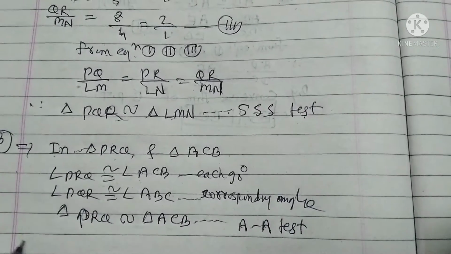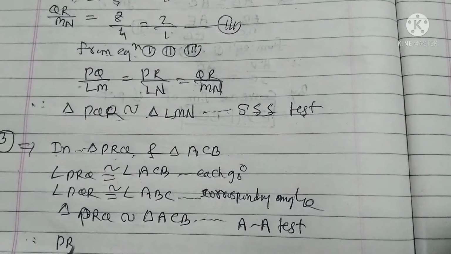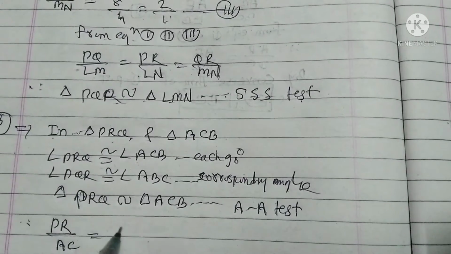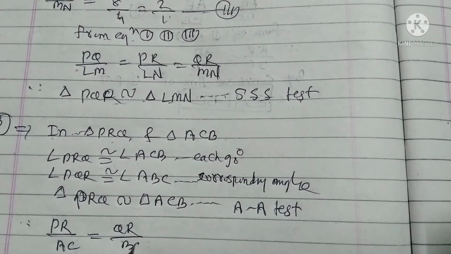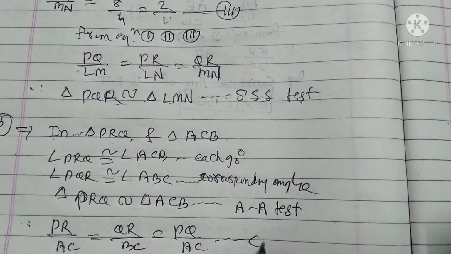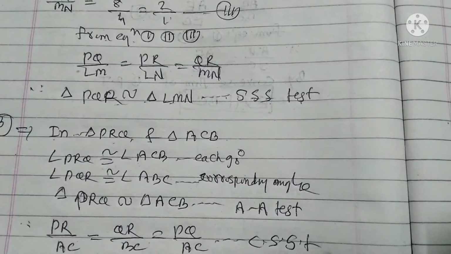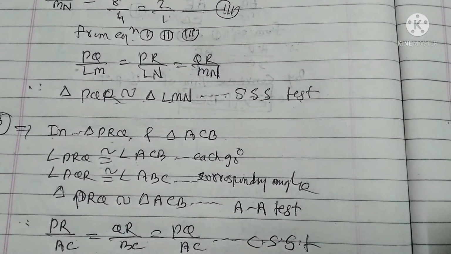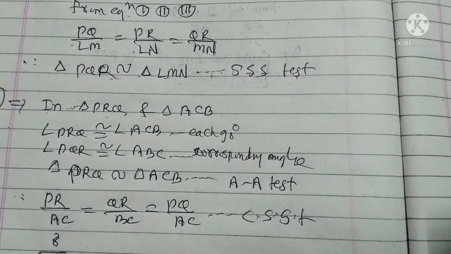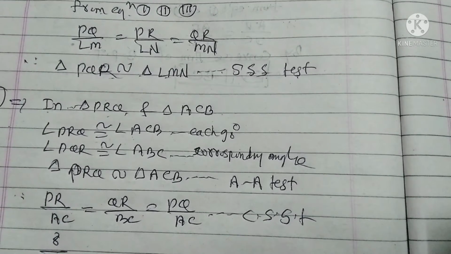So the two triangles are similar, sides are in proportion: PR upon AC, QR upon BC and PQ upon AB, corresponding sides of similar triangles.